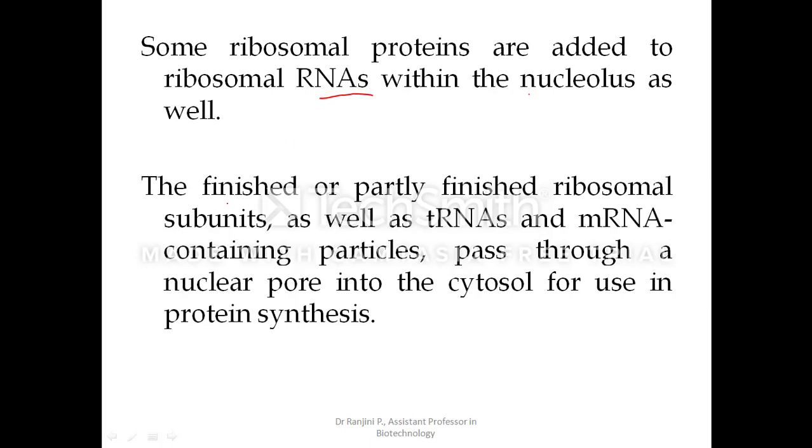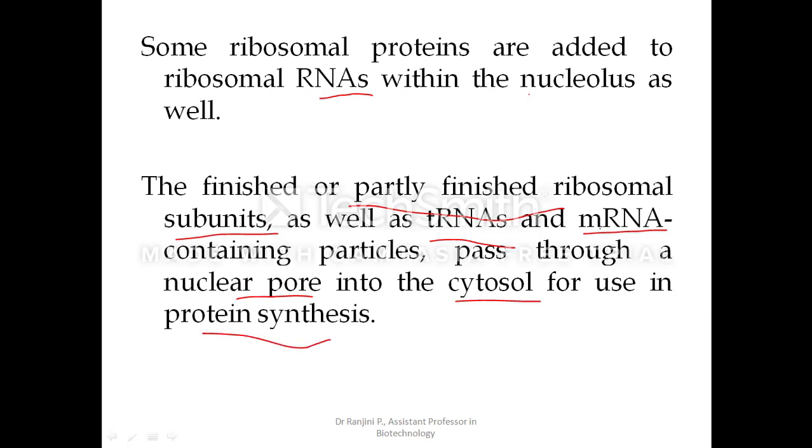The finished or partly finished ribosomal subunits as well as tRNAs and mRNA-containing particles pass through the nuclear pore into the cytosol, where they play a role in protein synthesis.